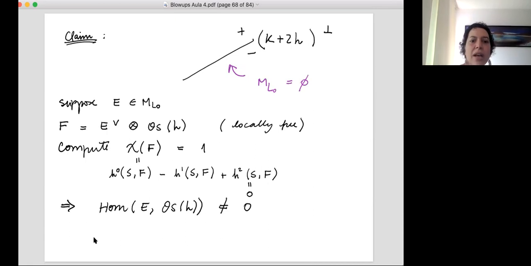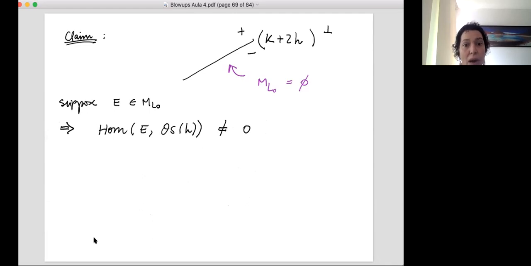So in the end, you must have a non-zero morphism from E to this OSH. This is just by doing some Riemann-Roch computation and using, again, Serre duality.